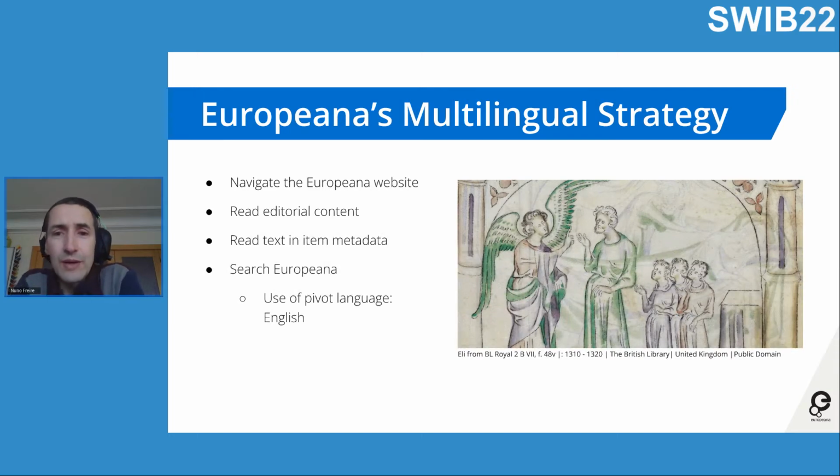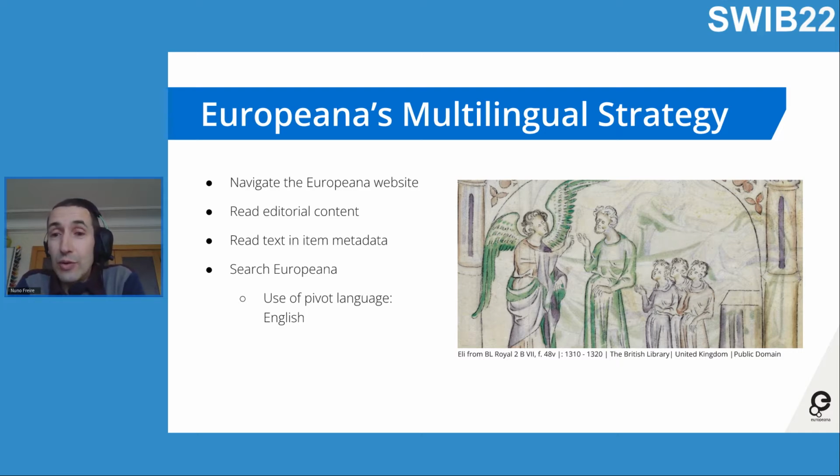So why are we working in the area of language tags? Why are we interested in this around Europeana? Europeana, at the level of strategy, aims to provide ways for navigating the European website in multiple languages. Also, all the editorial content should be available in multiple languages.